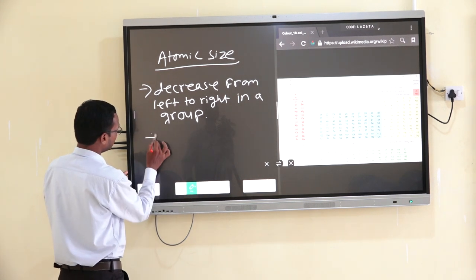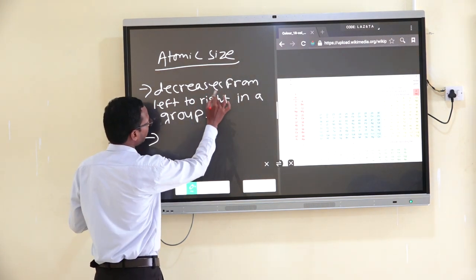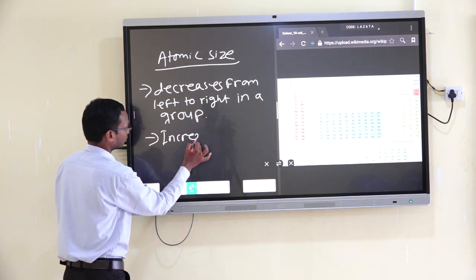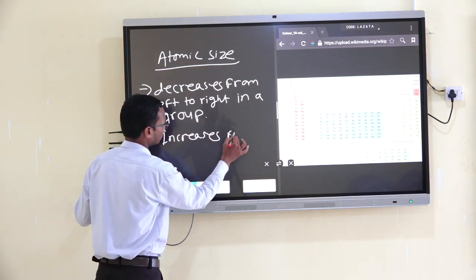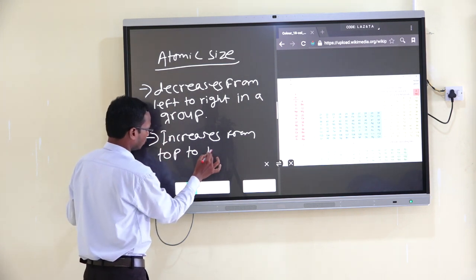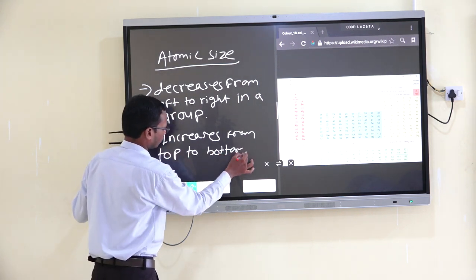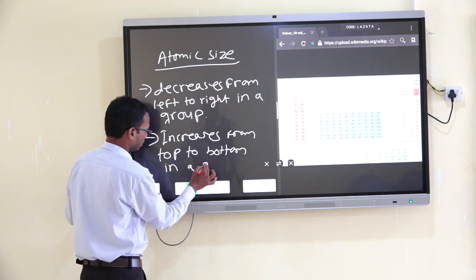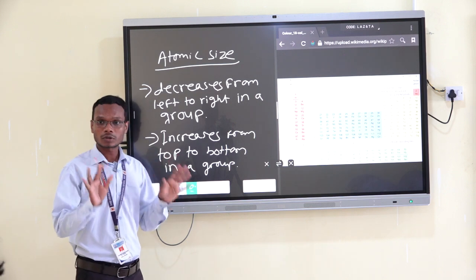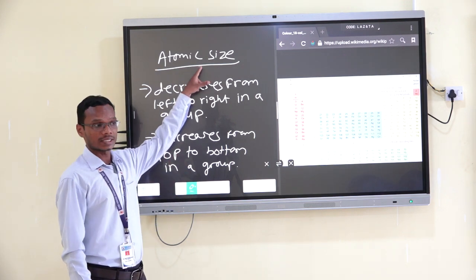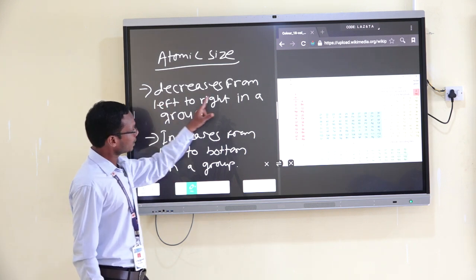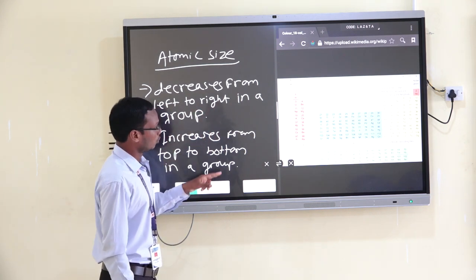Next conclusion is atomic size decreases from left to right and increases from top to bottom in a group. So our conclusion is atomic size, that is radius, decreases from left to right in a group.